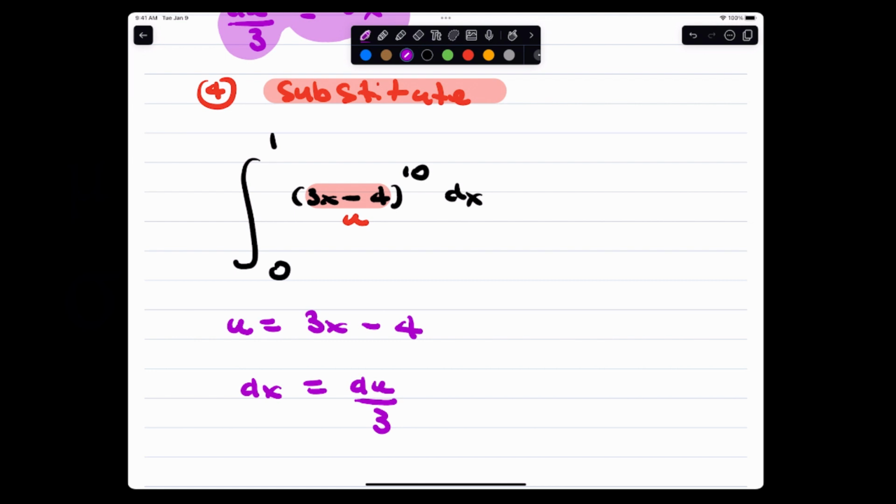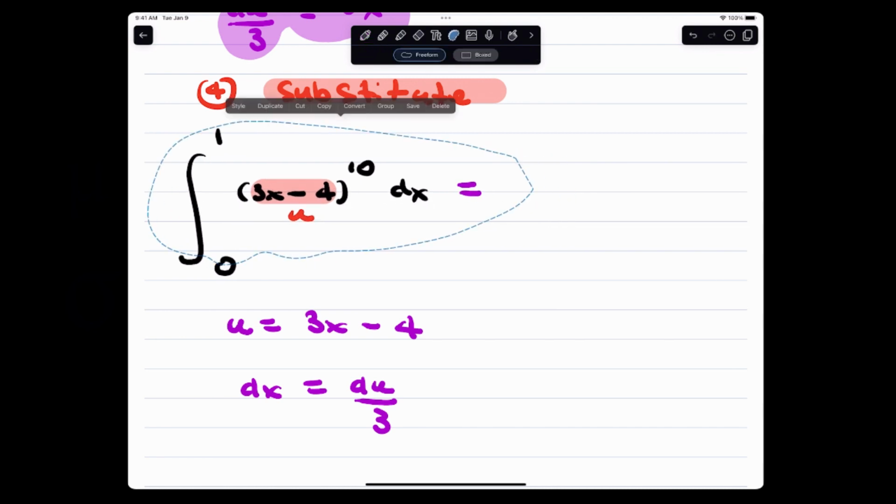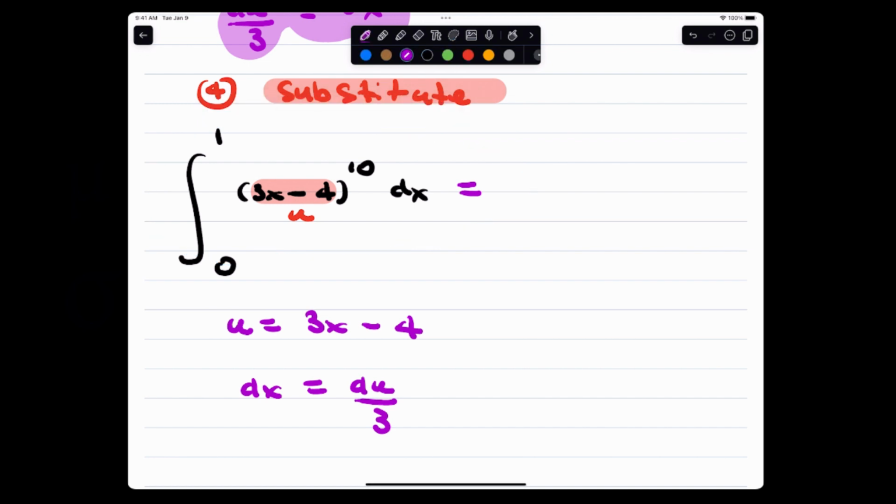It's very simple now. Let me show you what I mean by that. You have an integral. This is u to the what? 10th power. How do I know?